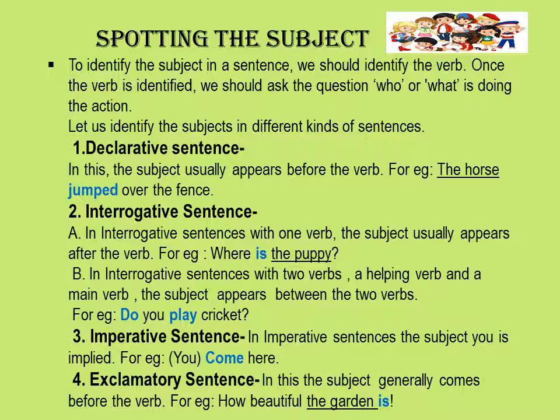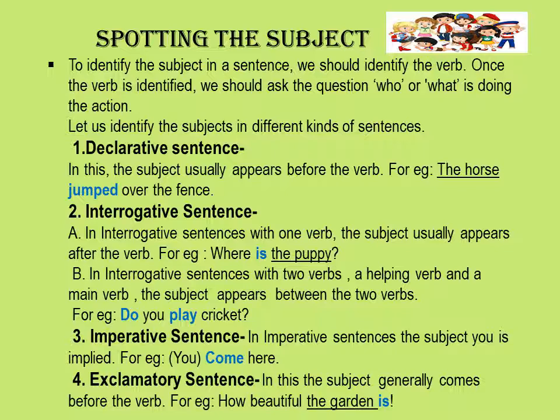In interrogative sentences with two verbs, a helping verb and a main verb, the subject appears between the two verbs. For example, do you play cricket? Here in this sentence we have do as a verb and play also a verb. In between these two verbs we have a subject, that is you. Now the third one, imperative sentence. In imperative sentences, the subject you is implied.